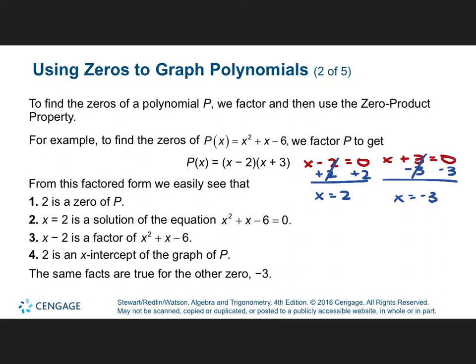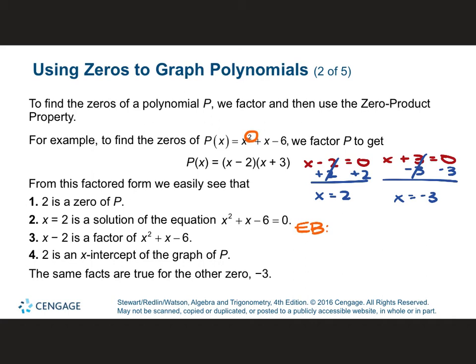With these, we can also tell what our end behavior is. When we look at this graph, we have an even power, so we know our end behavior is going to be the same direction for both x approaches negative infinity and x approaches infinity. We don't have a reflection here because there's not a negative in front of our leading coefficient, so we're going up for both.